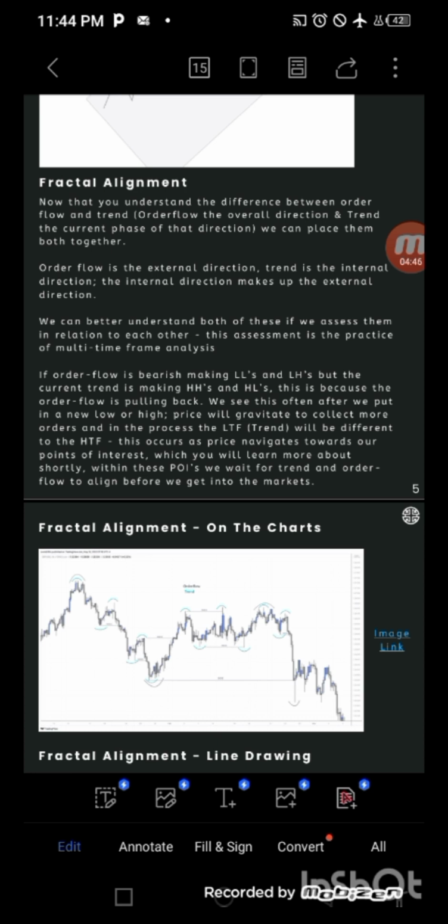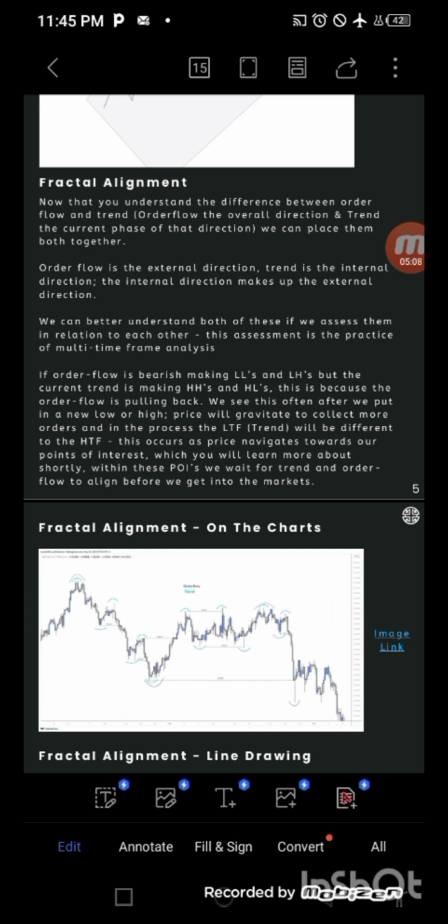If order flow is bearish, making lower lows and lower highs, but the current trend is making higher highs and higher lows, this is because the order flow is pulling back. You will often see that after we put in a new low or high, we gravitate to correct more orders.